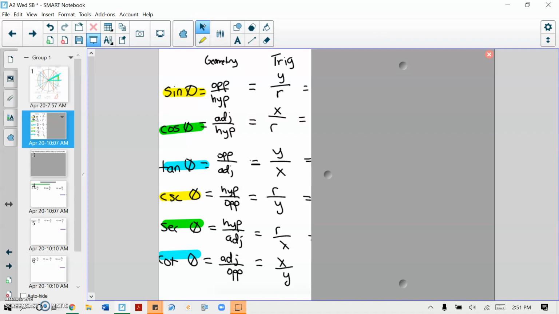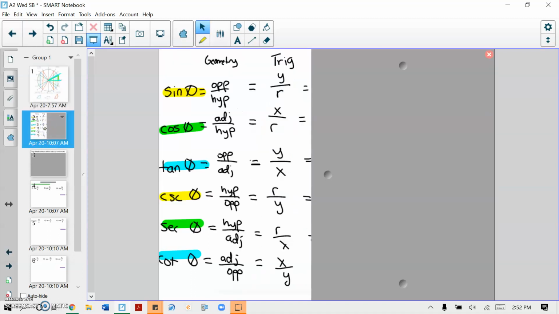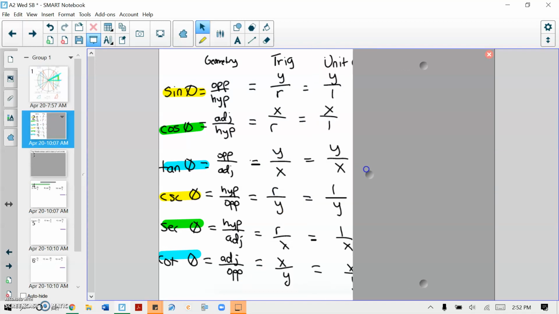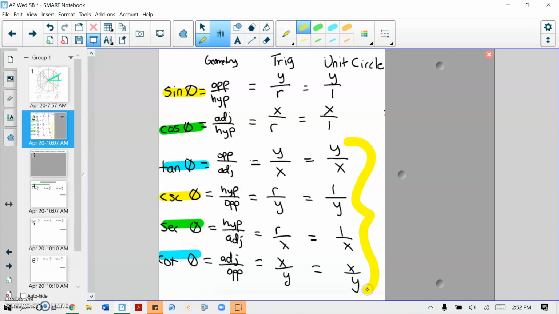The next thing we're going to talk about is strictly for the unit circle. If that truly is a unit circle, the radius of this circle is 1 because it is a unit circle, so 1 unit of something. So if I take all of those y over r, x over r, and so on, and I replace every r with 1, that is where the unit circle comes into play. What that means is these bottom 4 don't change too much. They adjust a little bit, but nothing too crazy.